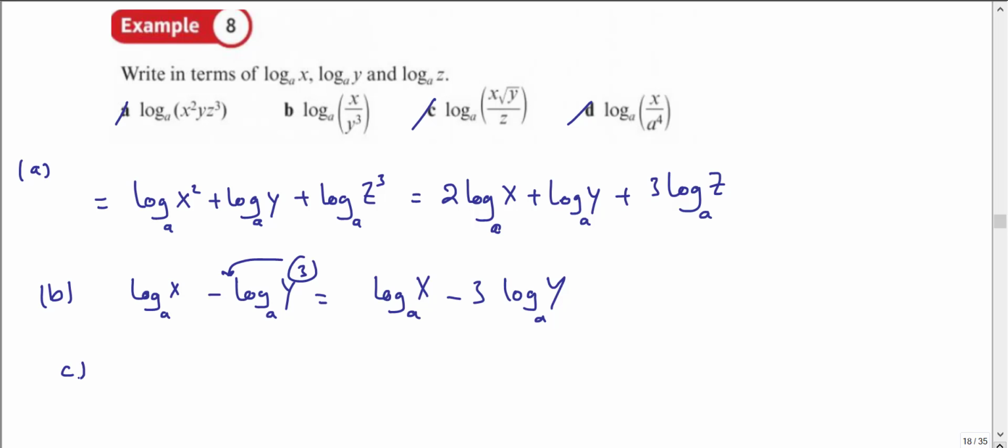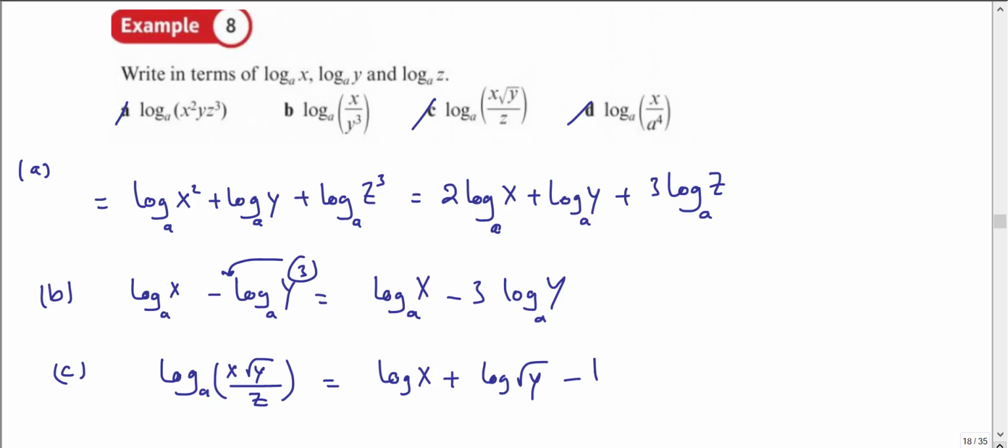Okay? How about c? Are you following, Adam? Yes, sir. Okay. When you do it this way, it means log x plus log root y, because they are multiplied, x and root y, minus log z, because z is divided, so it's a division. And we want it in terms of log y, we don't want root y. So what to do?